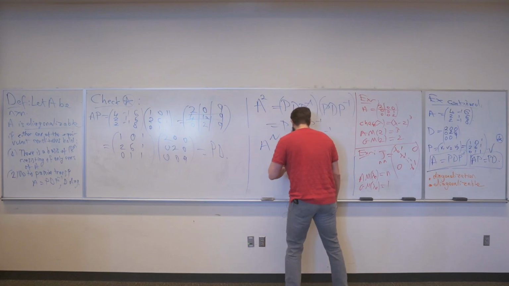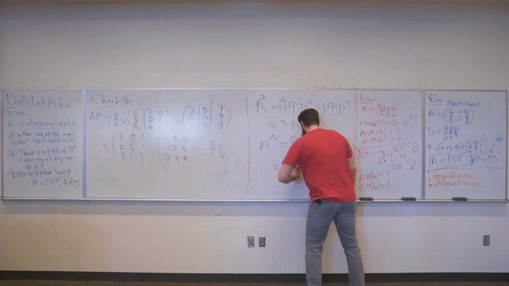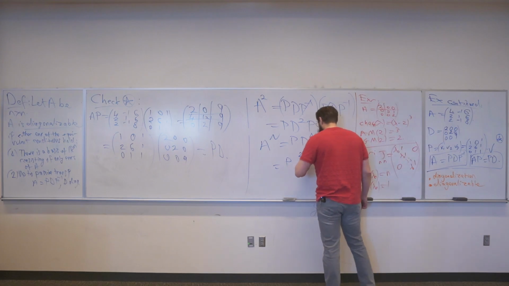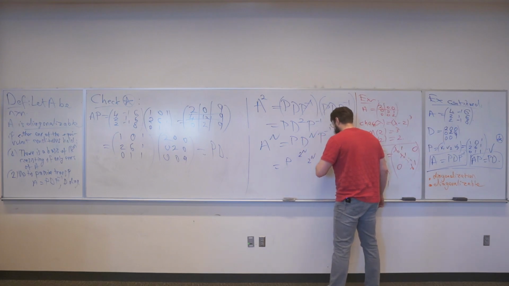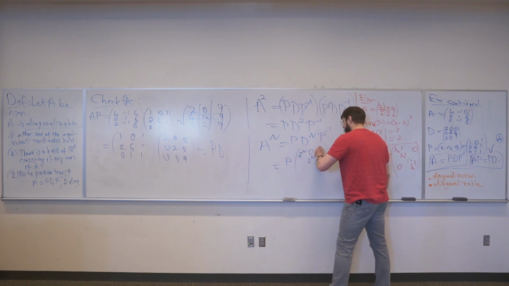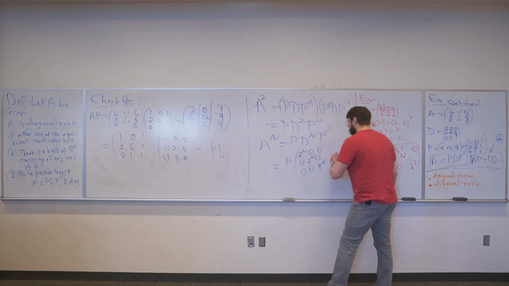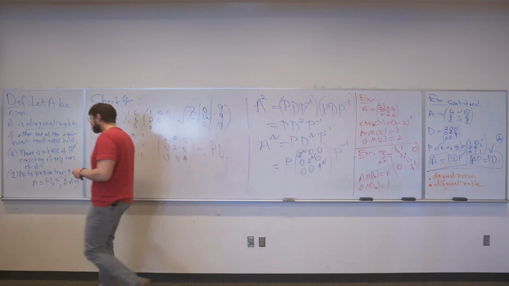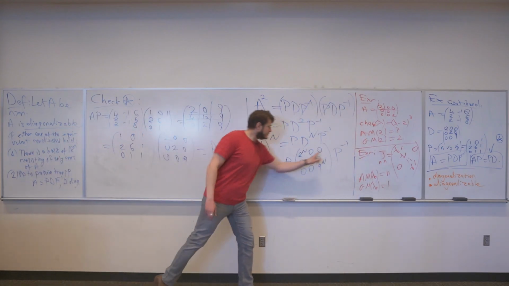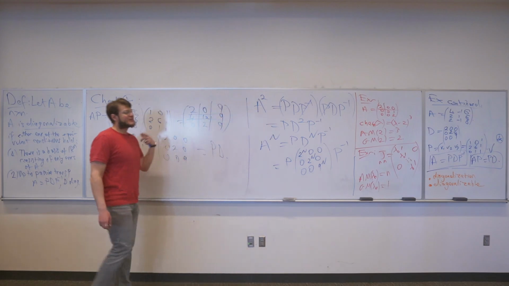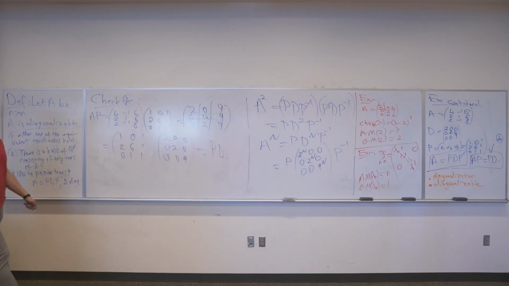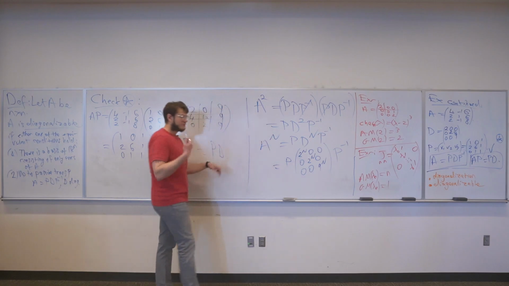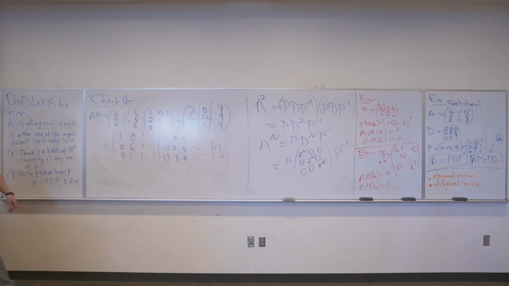And in this case, what was D? D was this. It says 2 to the N, 2 to the N, 9 to the N. Okay. So it's going to be a lot cheaper to compute this matrix, assuming that you have the passive transformation P, to compute A to the N, as opposed to computing A to the N by hand by taking powers one by one.